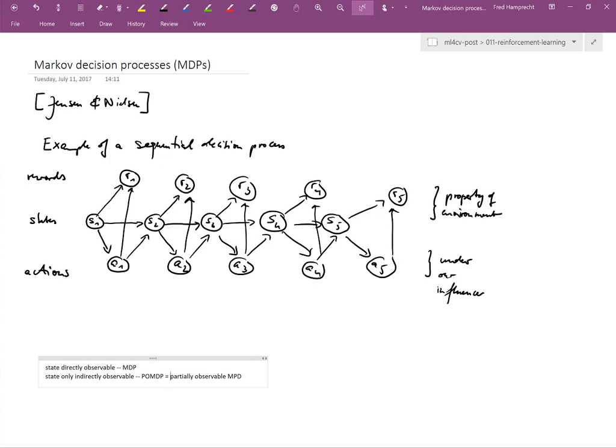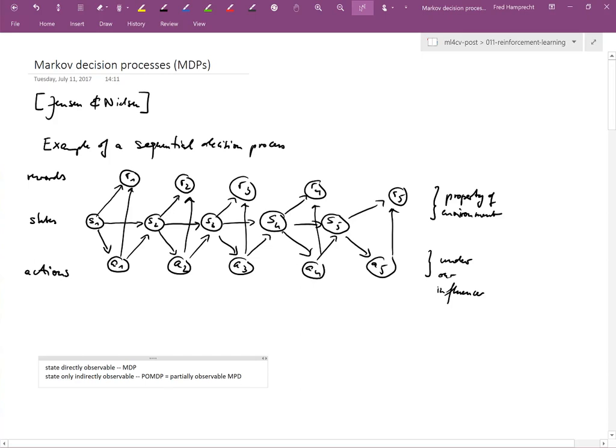We want to optimize the decisions in a sequential decision process. And the simplest possible sequential decision process I have shown here as a so-called directed probabilistic graphical model. In this case here, I have shown you a finite Markov decision process. So one with just finite means finite length. Yeah?